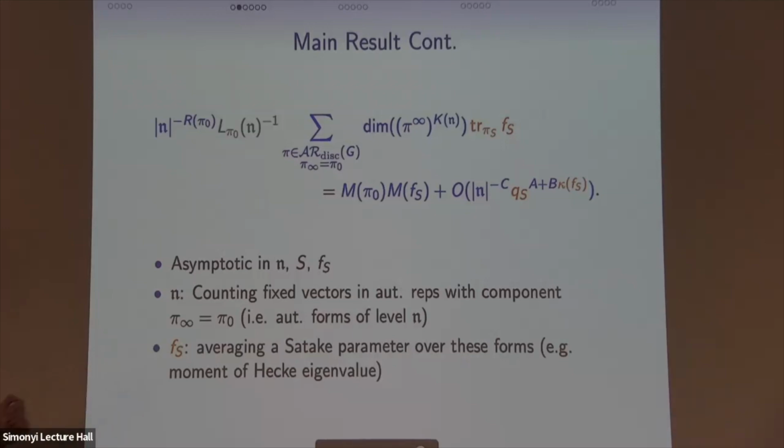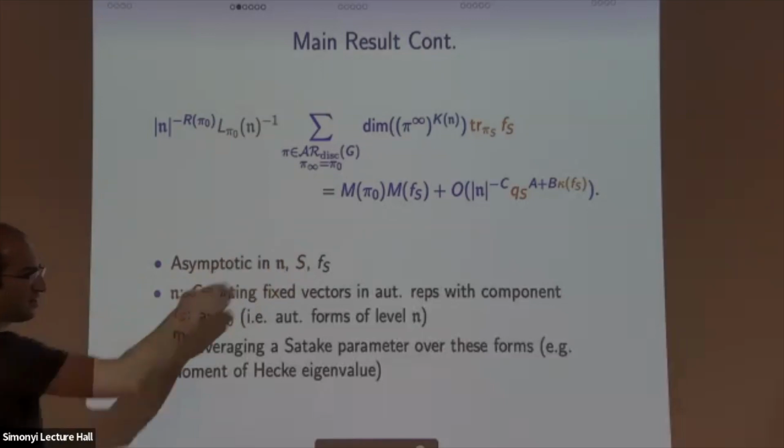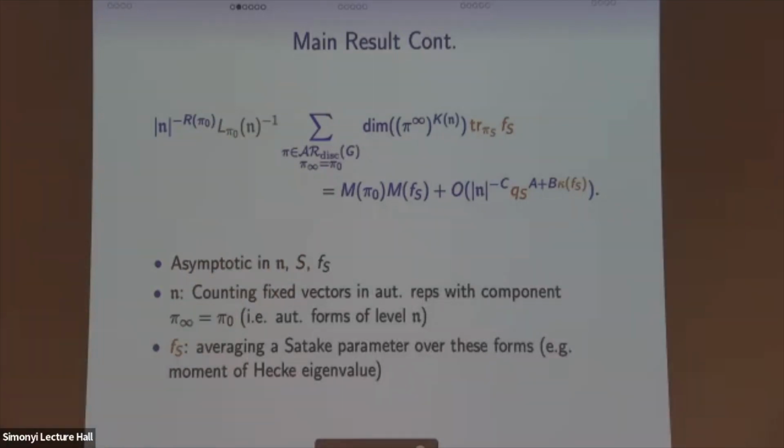So you can think of this as a generalization of computing a moment of the Hecke eigenvalues of the weight and level on modular forms. And of course, we can do that, and we know how the error term depends on which moment we're computing. As you get to bigger and bigger moments, k is going to grow linearly in how big of a moment you're looking at.